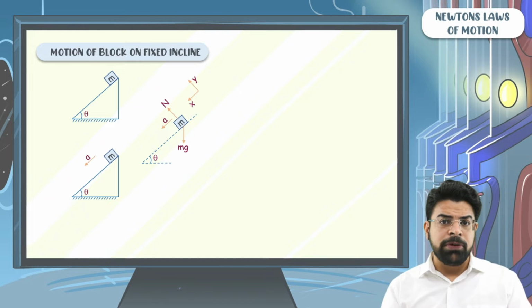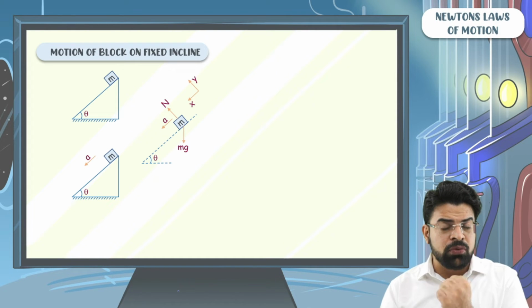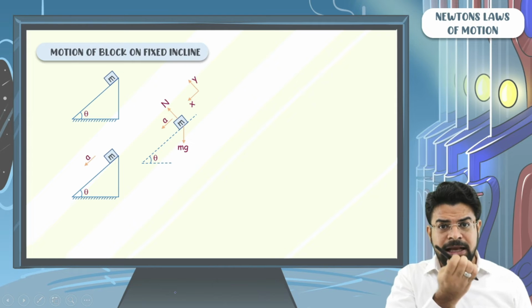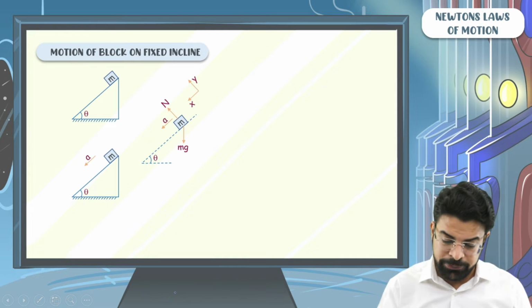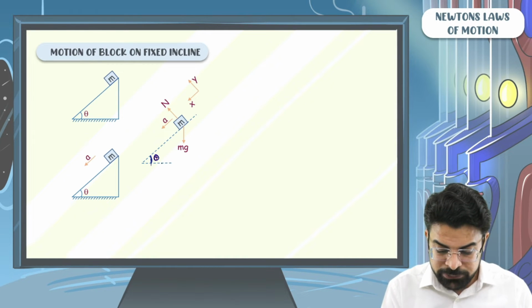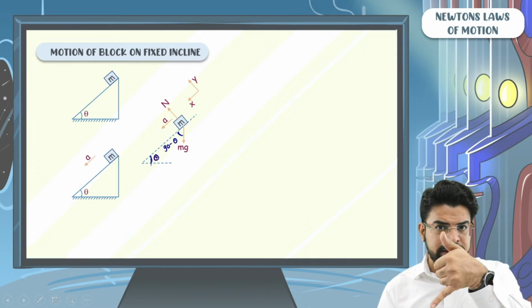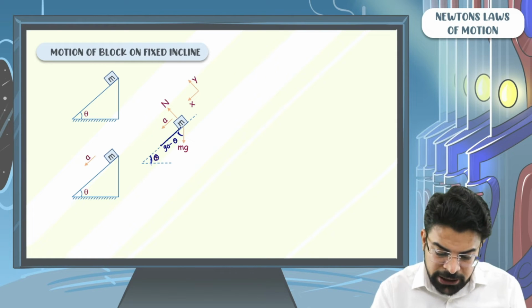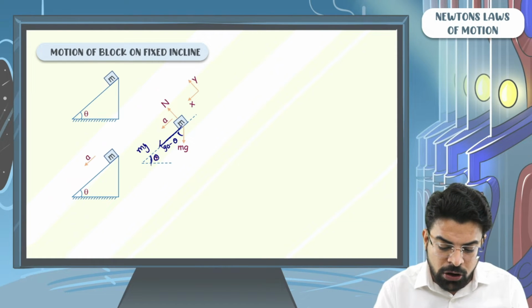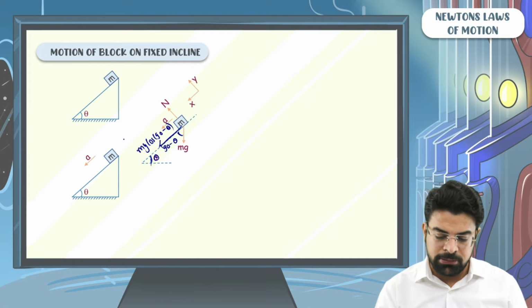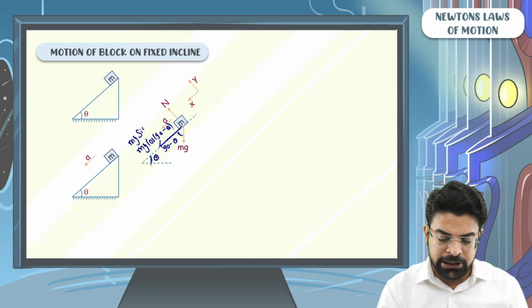So we need to break down this force of gravity mg into components along x and perpendicular to x, that is y. If this angle is theta, this angle right here will be 90 minus theta. So the component of the force of gravity along x, that is along the incline, will be mg cos(90 minus theta), and mg cos(90 minus theta) is nothing but mg sin theta.